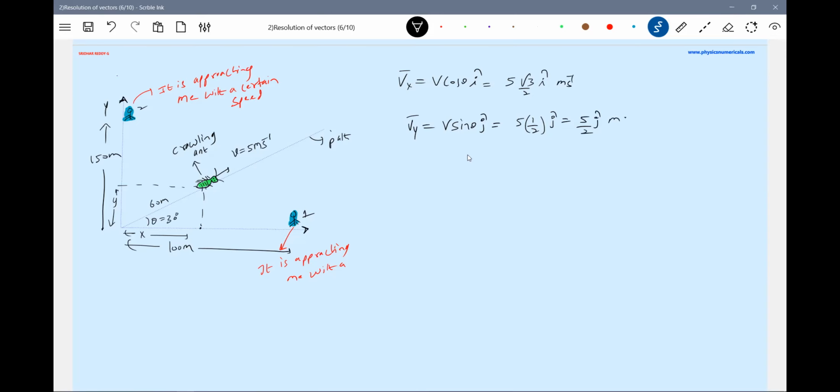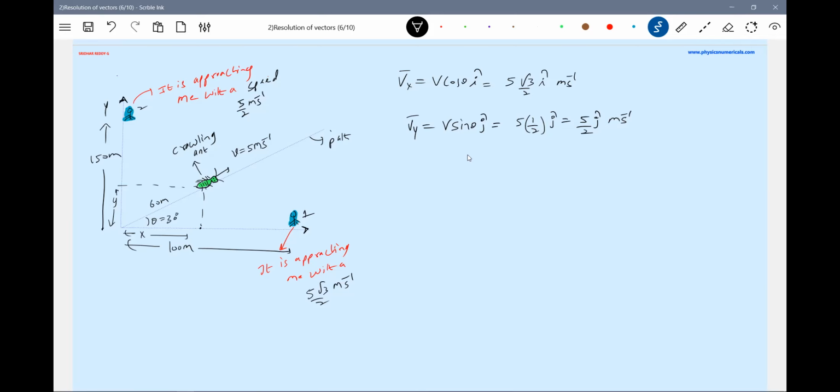Unit also I should mention. So what should we call this? Speed of the ant along the x-axis, and speed of the ant along the y-axis. So we commit: it is approaching me with a speed of 5 root 3 by 2 meters per second, and with a speed of 5 by 2 meters per second. I think you're able to answer now.